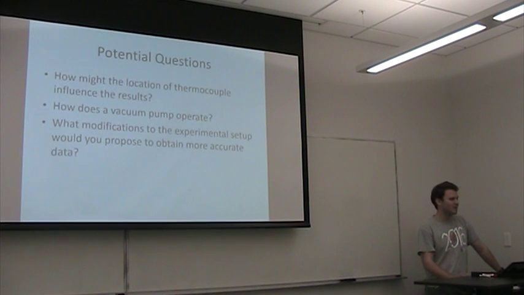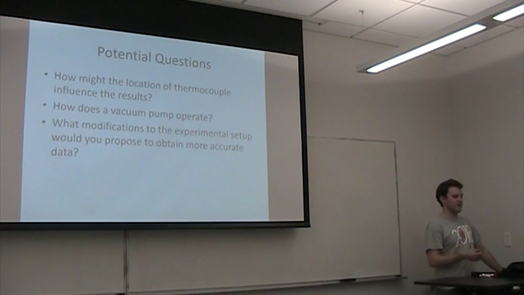And then some questions you've probably been dying to ask, but I'll probably get to them before you have a chance to. First, you might ask how the location of the thermocouple might influence the results. Well, that's actually very important because the positioning of the tip of the thermocouple will largely affect the temperature reading.